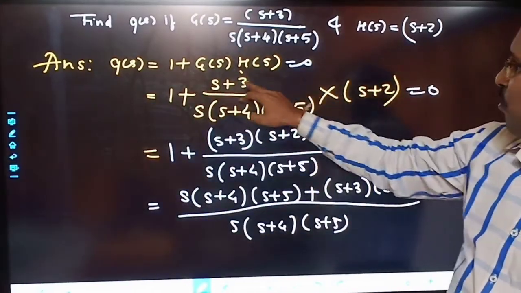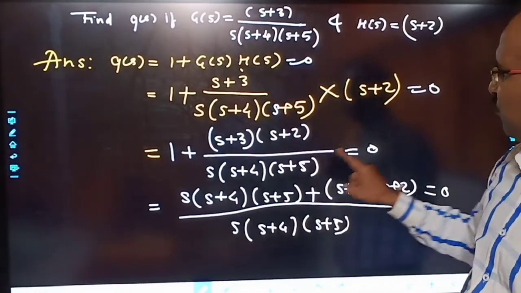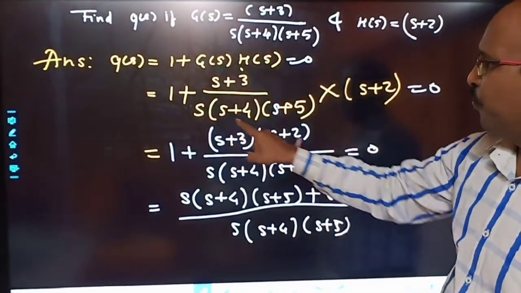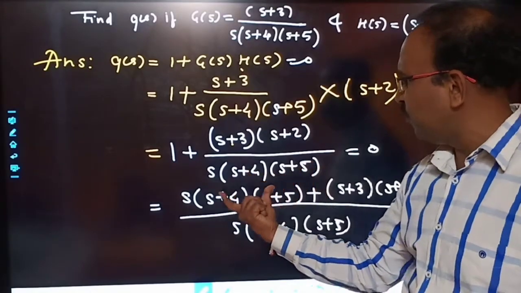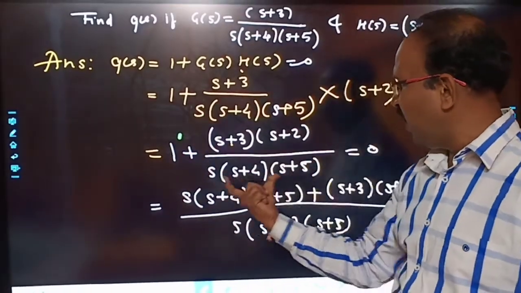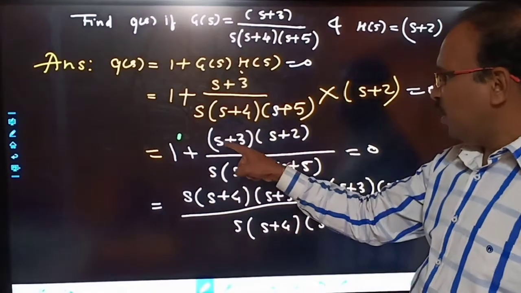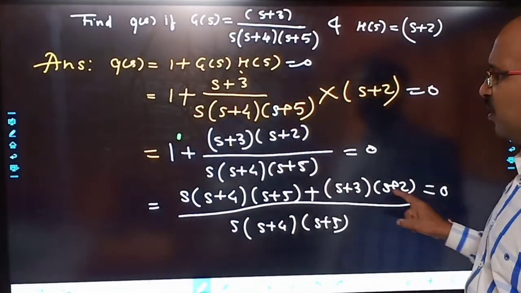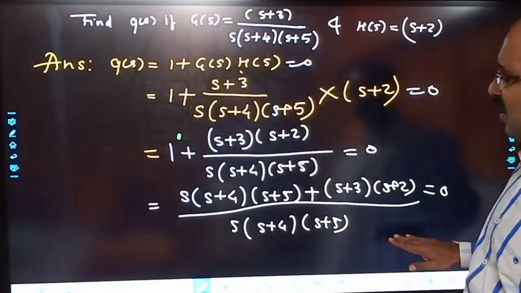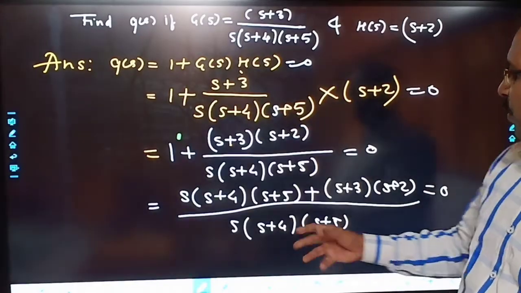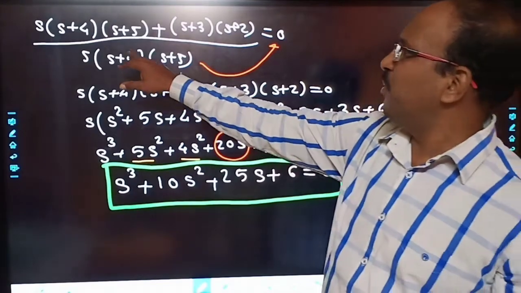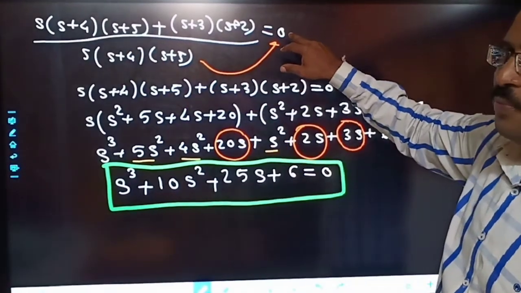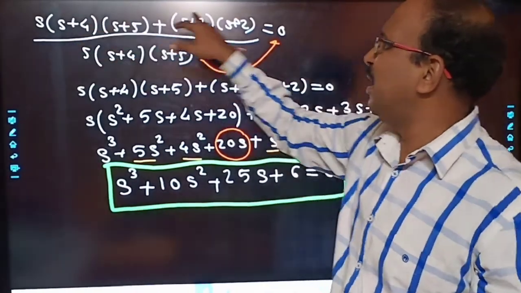First do the multiplication of s plus 3 and s plus 2, remaining part as it is. Now I take the LCM, this should be multiplied over here, so the same remains the same, s plus 3, s plus 2 becomes here, and the total LCM will be s into this. But when we multiply with this it becomes 0. So only the upper part, the numerator, remains.